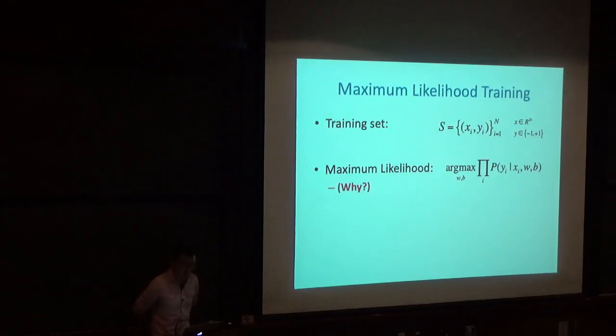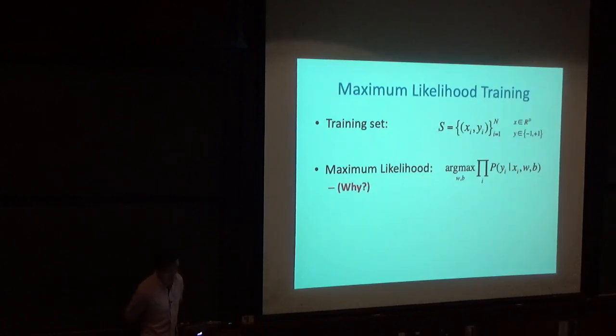Can anyone tell me why we are maximizing the product of the probabilities? Yes? If you assume that all of your data points are drawn independently, then you multiply the probabilities together. Correct.